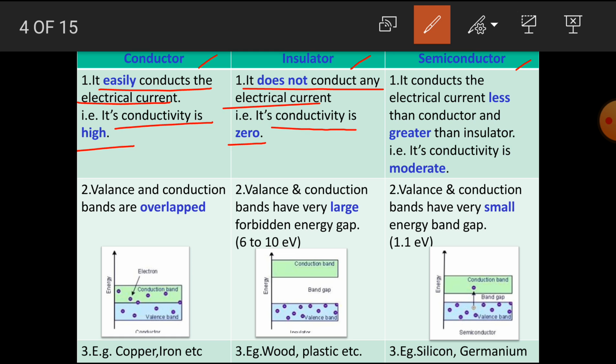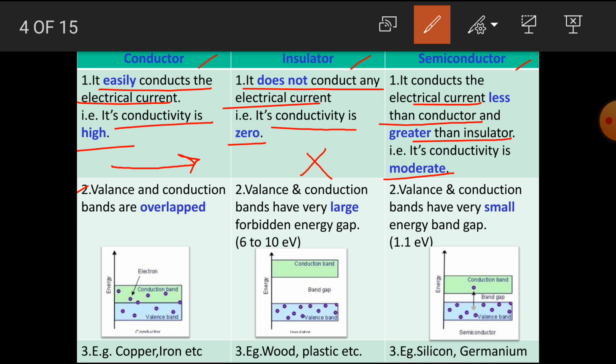And in a semiconductor it conducts the electrical current less than the conductor and greater than the insulator, that is, its conductivity is moderate. In other words, in a conductor the current can easily flow, in an insulator the current cannot flow, and in a semiconductor the current flow depends on some parameters like applied biasing or temperature, etc.